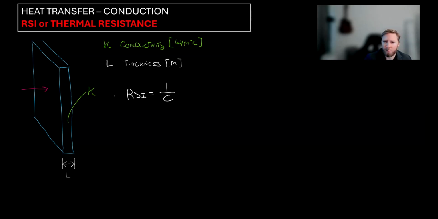We can also find it the same way we found the conductance and just invert those terms. So RSI is equal to the thickness divided by the conductivity. If we use this equation, we can determine the RSI.